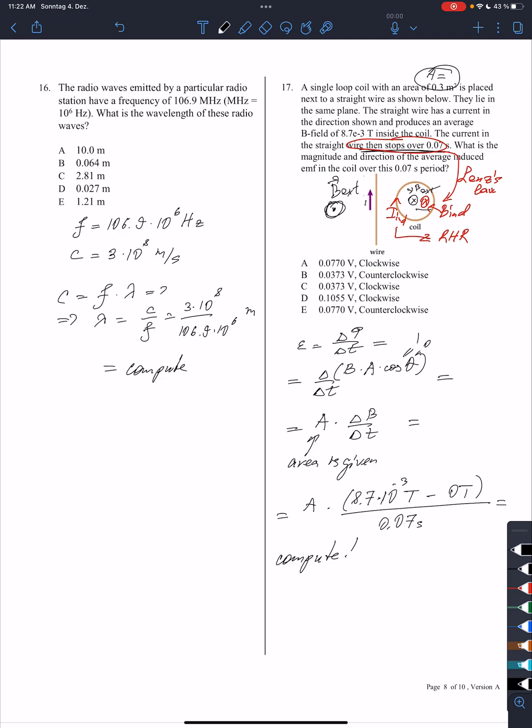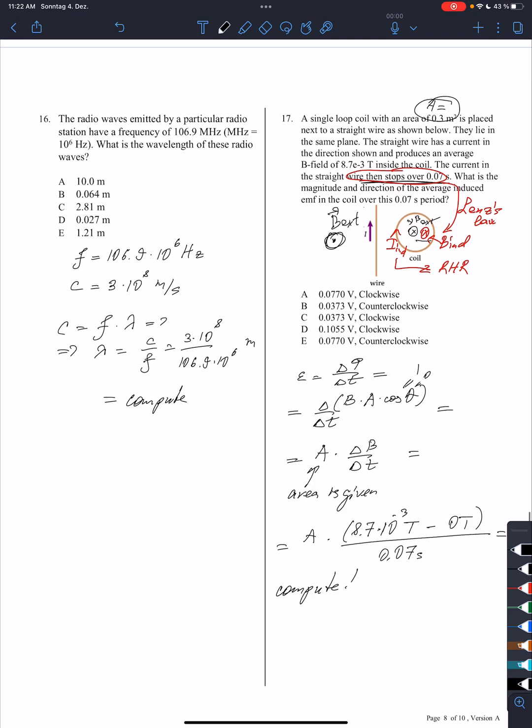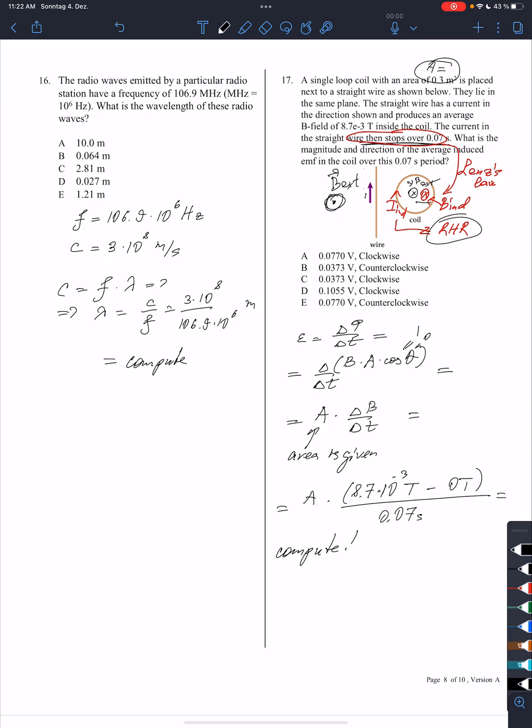So now we need to find the induced current in that coil, such that it would generate this direction of the induced magnetic field, and you can use the right hand rule to convince yourself that this will be the direction. Again, I am expecting you to be very confident with this type of problem, and therefore I'm not going through them in detail.